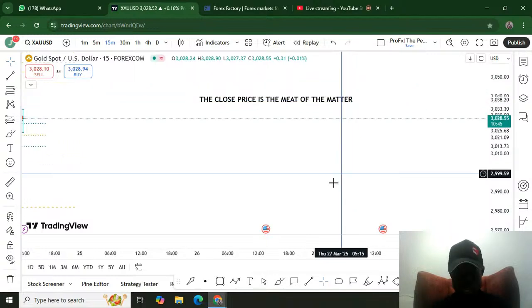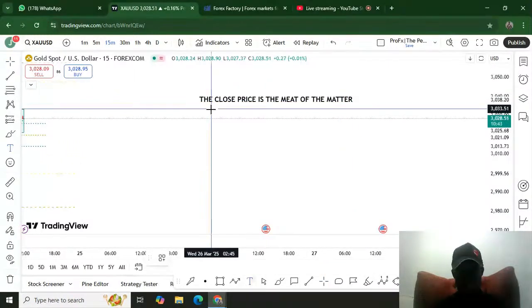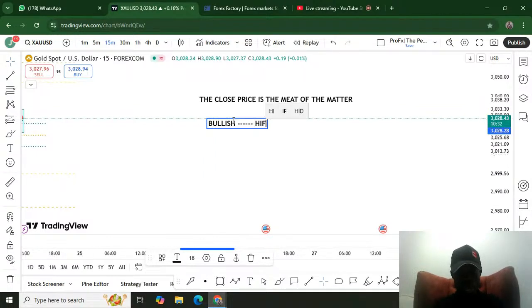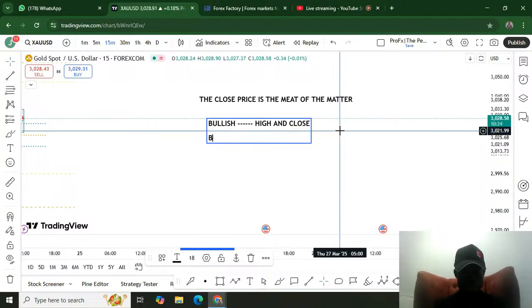If we have a bullish candle for the previous day, we are going to mark the high and close. If bearish, we are interested in the low and close.